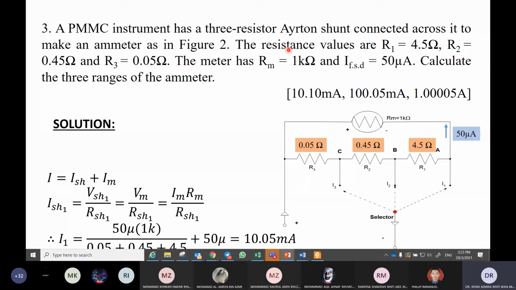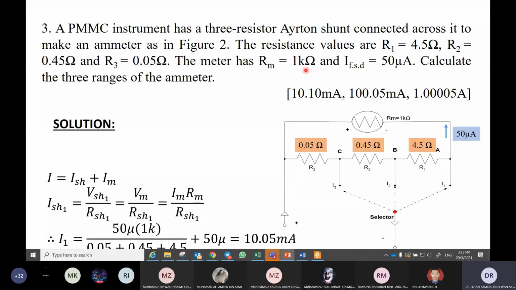So there is a mistake. Please follow this value: R1 is equal to 4.5, R3 is equal to 0.05 ohm.